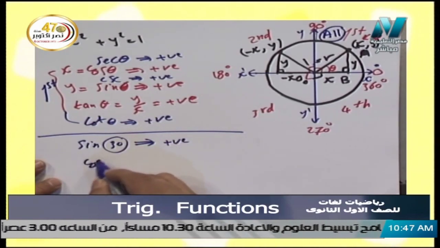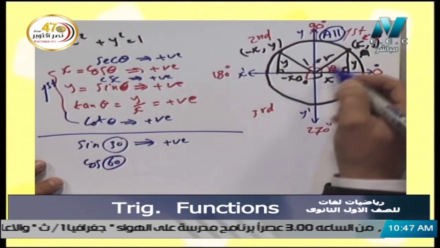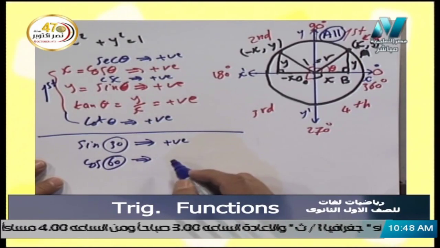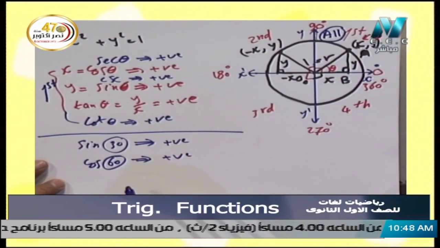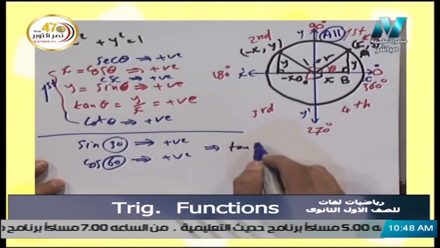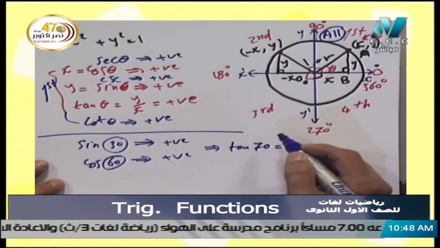What about cosine 60, for example? We know that 60 lies in the first quadrant, and cosine in the first quadrant is positive, so it's positive also. And if he asks us about tan 70, we know 70 is in the first quadrant, so it's positive.